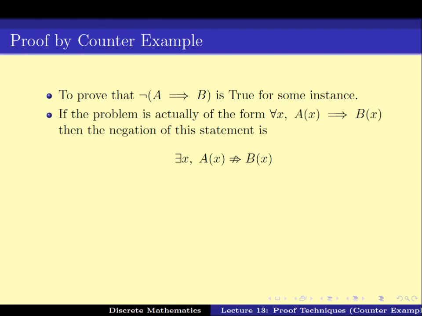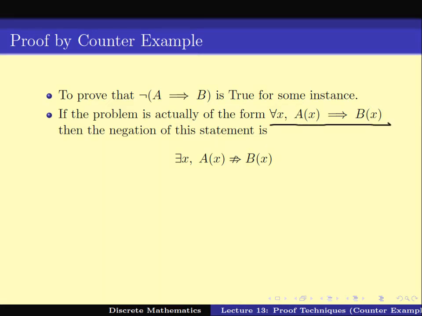Usually the problems are of the form for all x or there exists x, something happens. So say the problem is of the form for all x prove that ax implies bx. The negation of this, as we have seen, is that there exists x such that ax implies bx is false, or in other words, ax does not imply bx. Now what do we mean by ax does not imply bx?